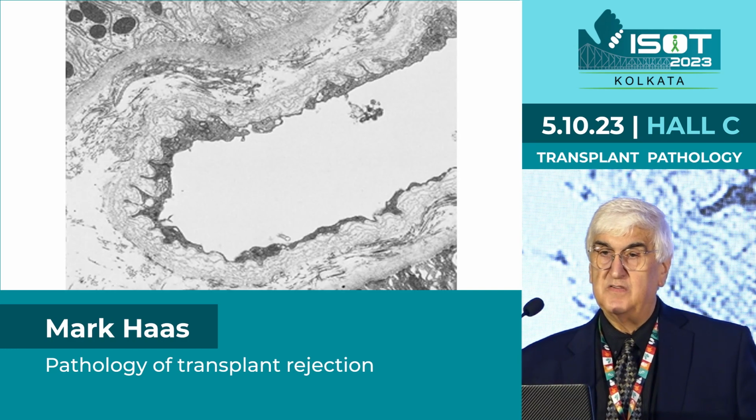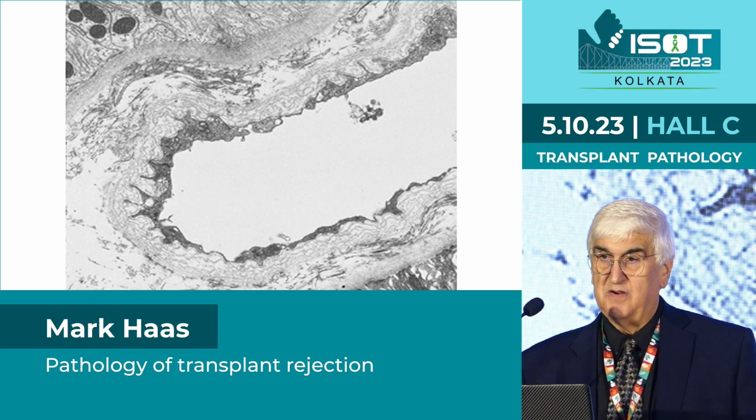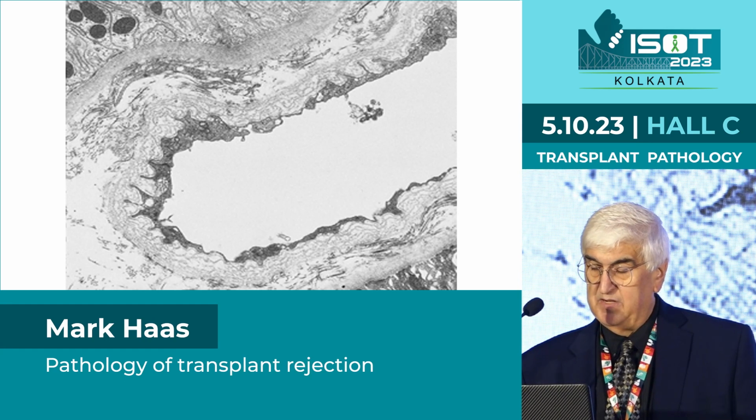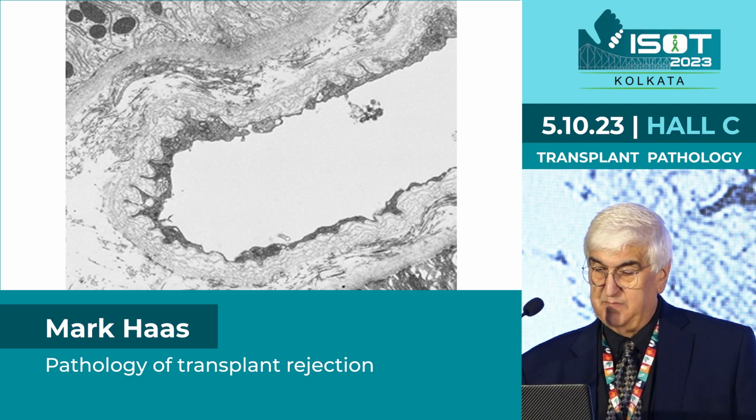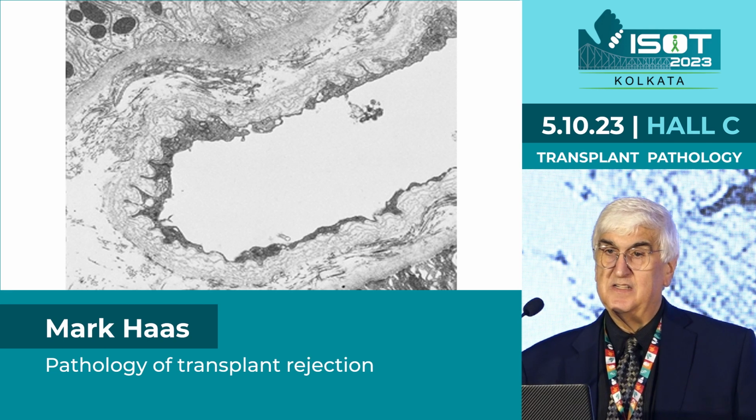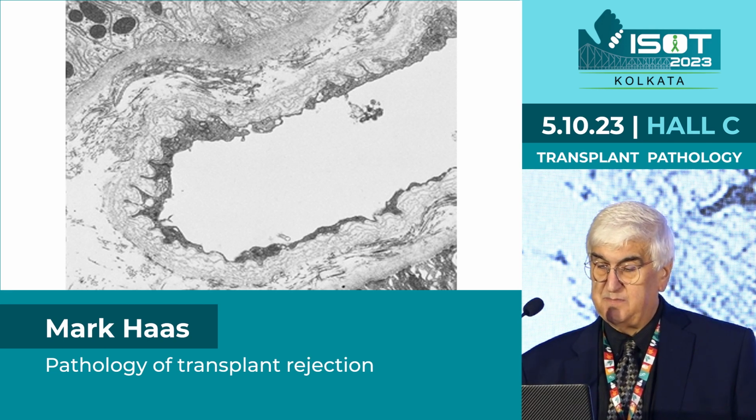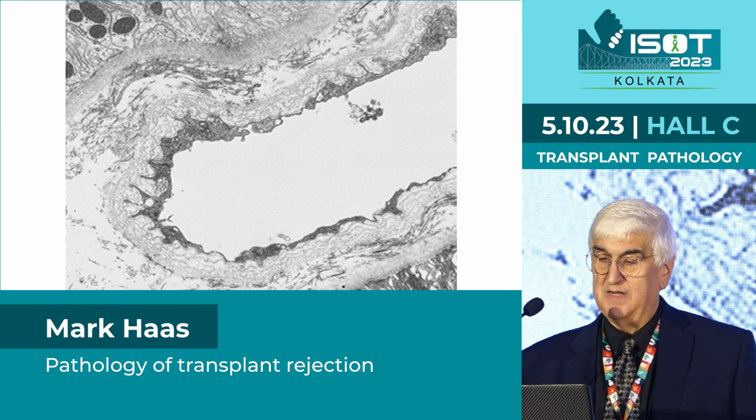There are 2 other lesions of chronic antibody-mediated rejection that are not as specific. One is multilayering of the peritubular capillary basement membranes, which requires electron microscopy, has a similar pathogenesis to transplant glomerulopathy, endothelial injury, separation of the endothelium from the basement membrane, and laying down new basement membrane.